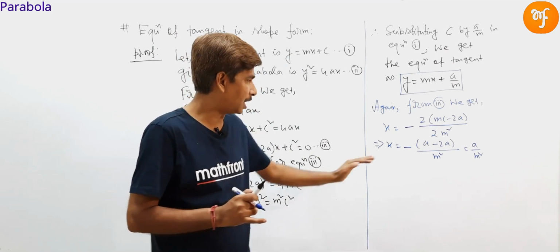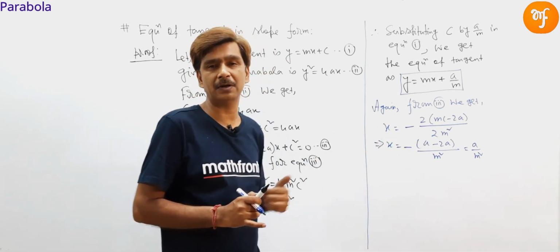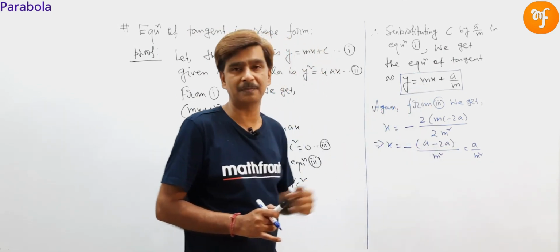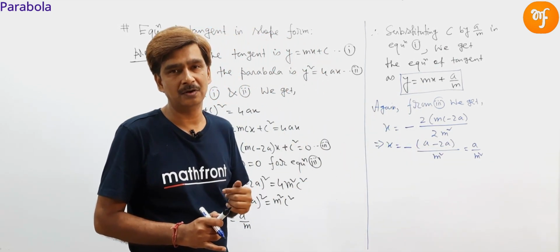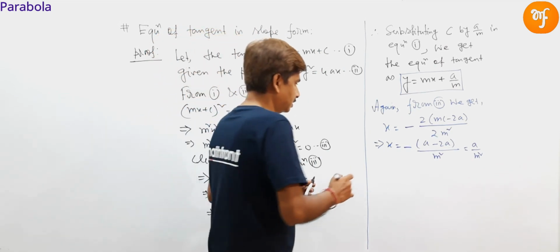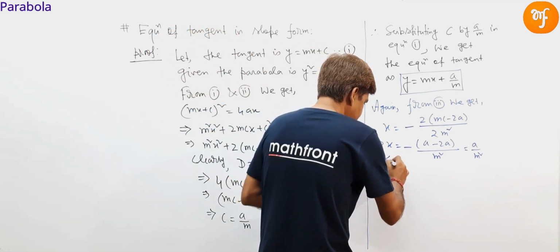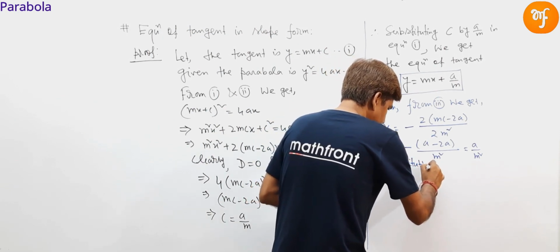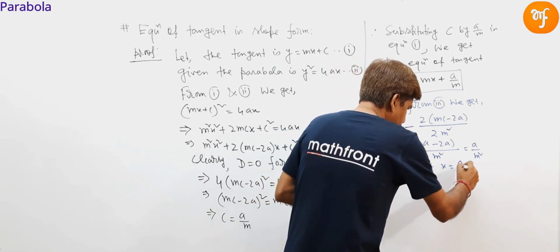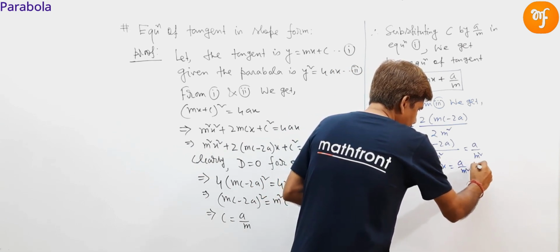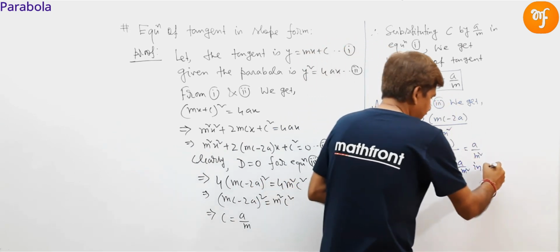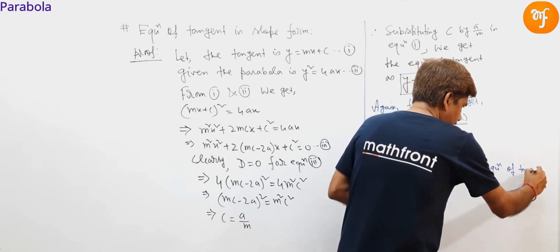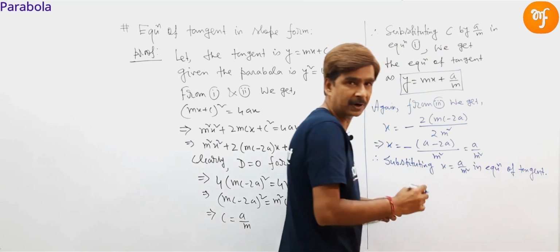Understand? Now how do we get the y coordinate of the point of contact? If we substitute this a by m square in the equation of tangent, we will get the value of y. So therefore, substituting x is equal to a by m square in the equation of tangent. Okay, what will we get?